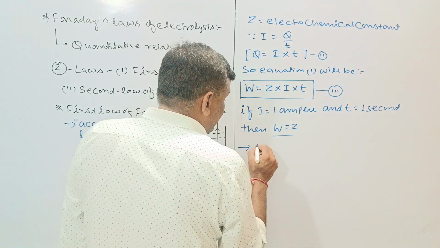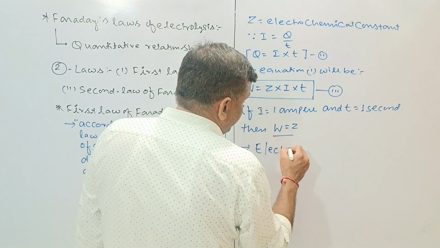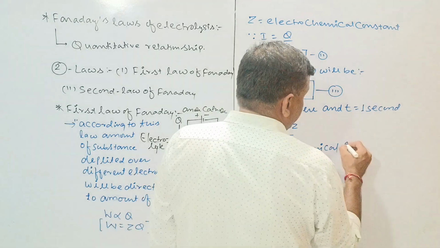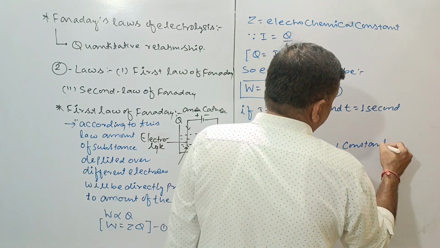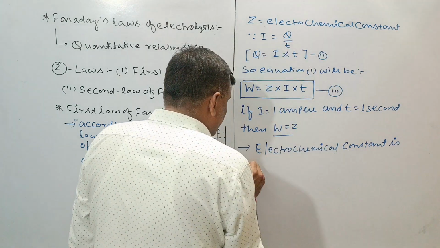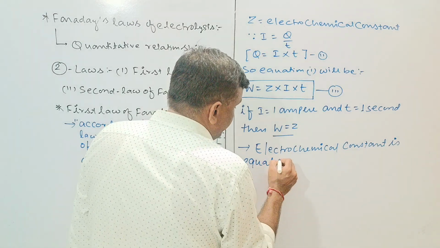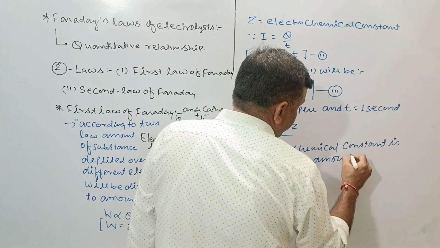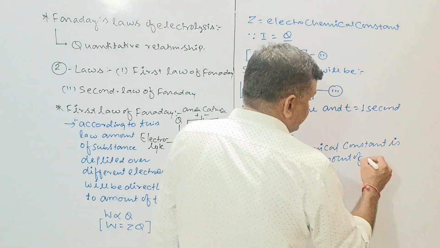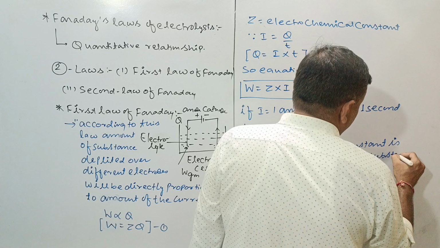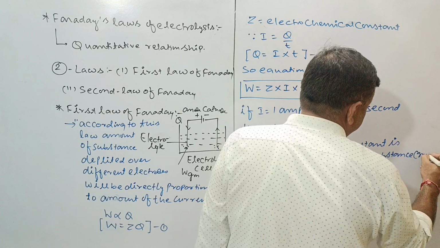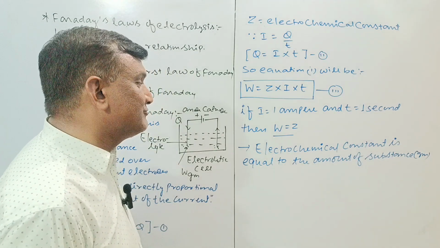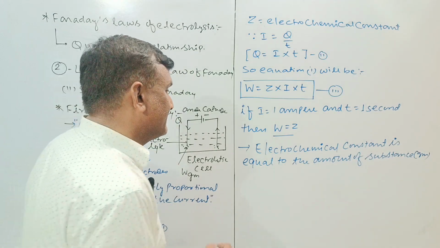We can say that electrochemical constant is equal to the amount of substance in gram depleted.